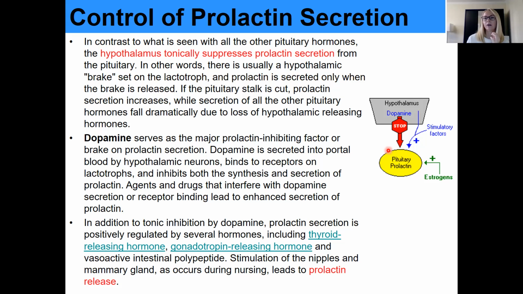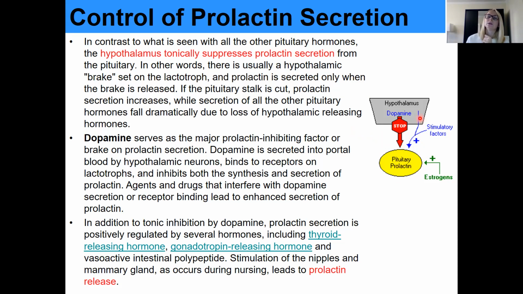So if we cut the connection between the hypothalamus and pituitary gland, the level of prolactin will increase, but the level of all other hormones that are released from the pituitary gland will dramatically fall. So just remember that prolactin is the only hormone that is suppressed by the hypothalamus.